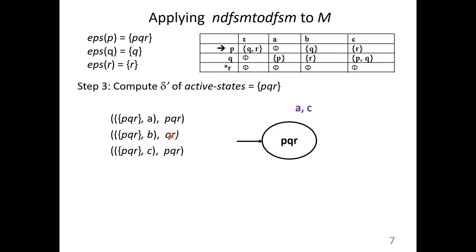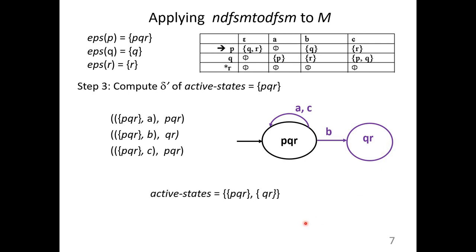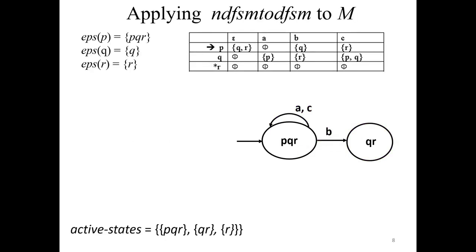For A and C, it is going to self loop on PQR, and for B it is going to the new state QR. As of now, the active states are PQR and QR. For PQR, we have obtained the transitions. Next, we are supposed to obtain the transitions for QR.